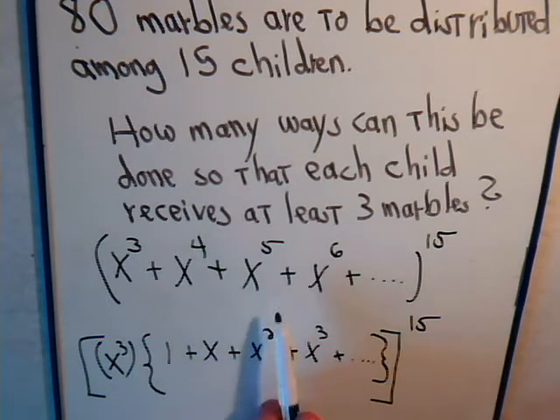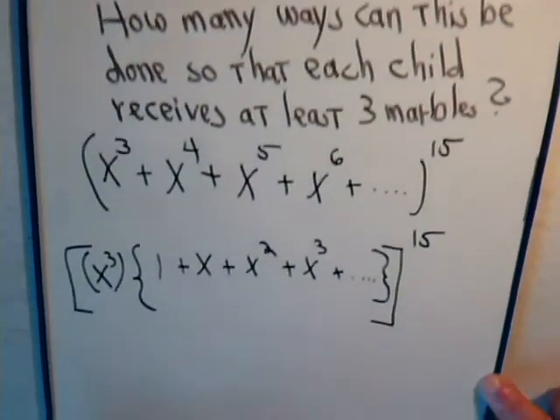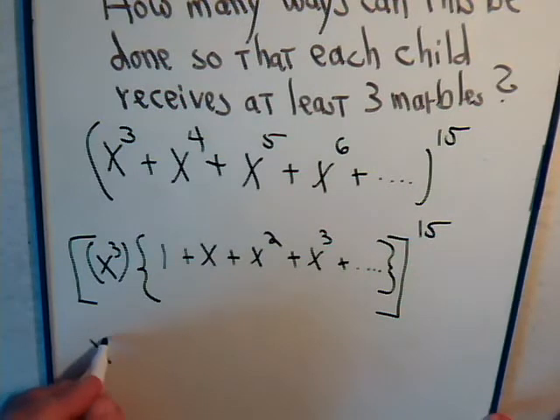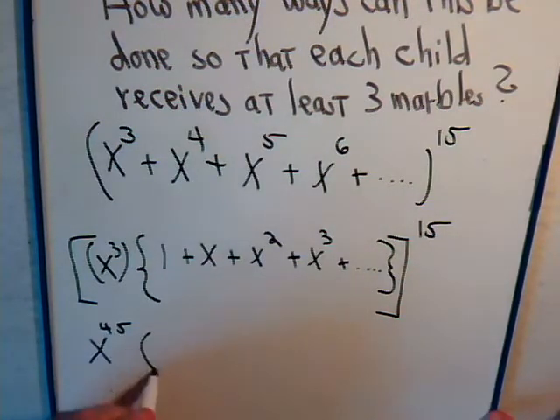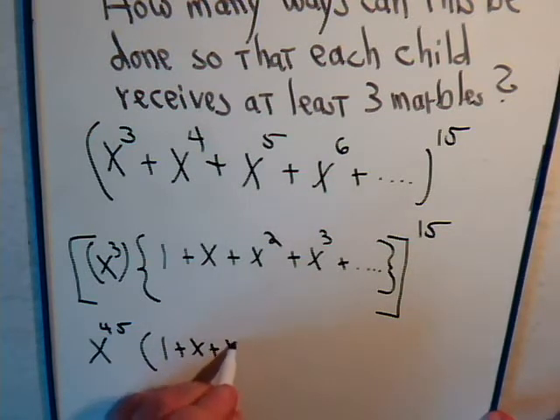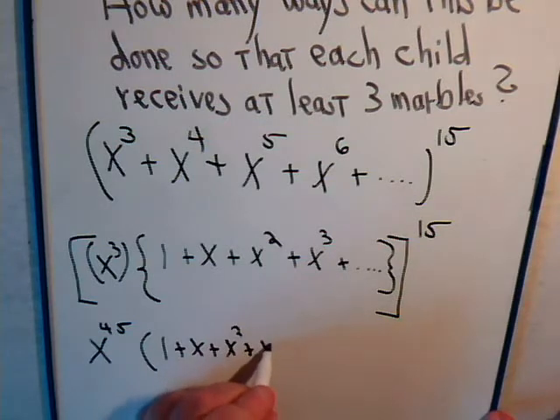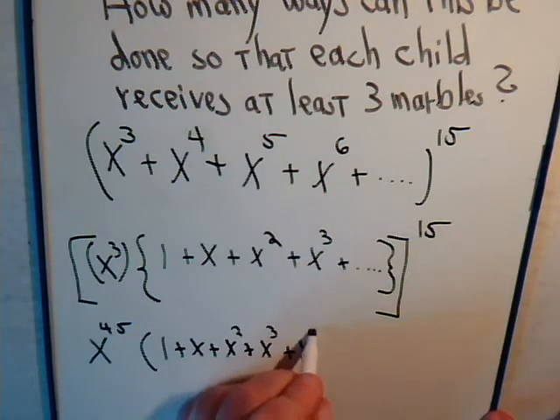So this expression, to the 15th power, gives x to the 45th, so we have x to the 45th times 1 plus x plus x squared plus x cubed plus x to the 4th, and it continues on out like this.